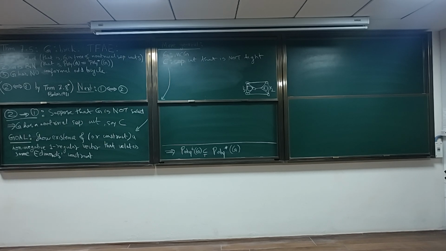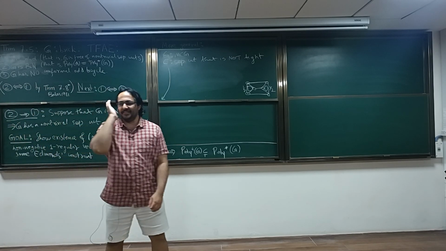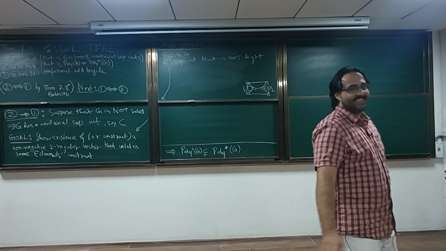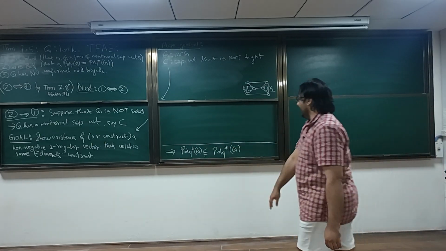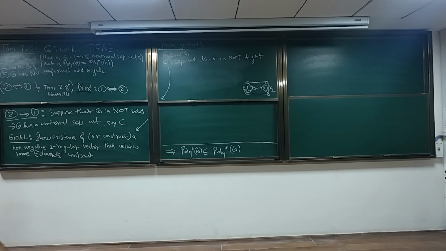Actually, fractional has a condition for these cuts. For every odd set, I need at least 1. Ah, I see. Yeah, you're right. I mixed up. For some reason in the fractional case, I was putting in the Edmonds constraints.